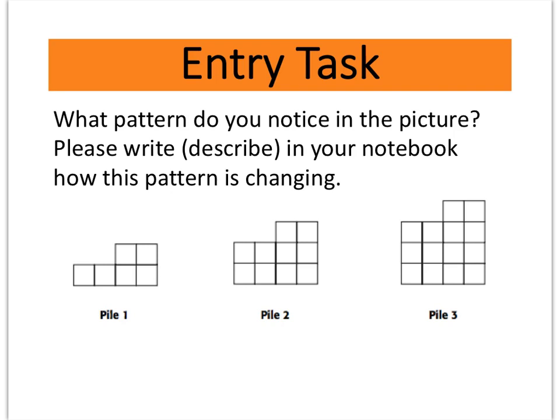So a student in one of my classes said, from pile 1 to pile 2, all of these are new. So it's a plus 4 pattern. So if I go over, it's a plus 4. And then if I go again to the next one, again, the bottom row is what's new. So the bottom row is what's new, and it's just another 4 being added. And so we've got this plus 4 pattern going on there.